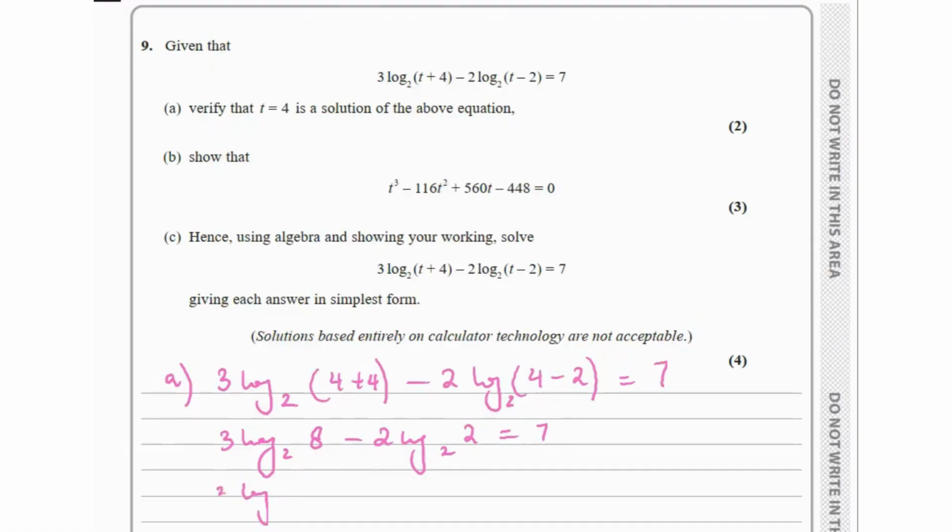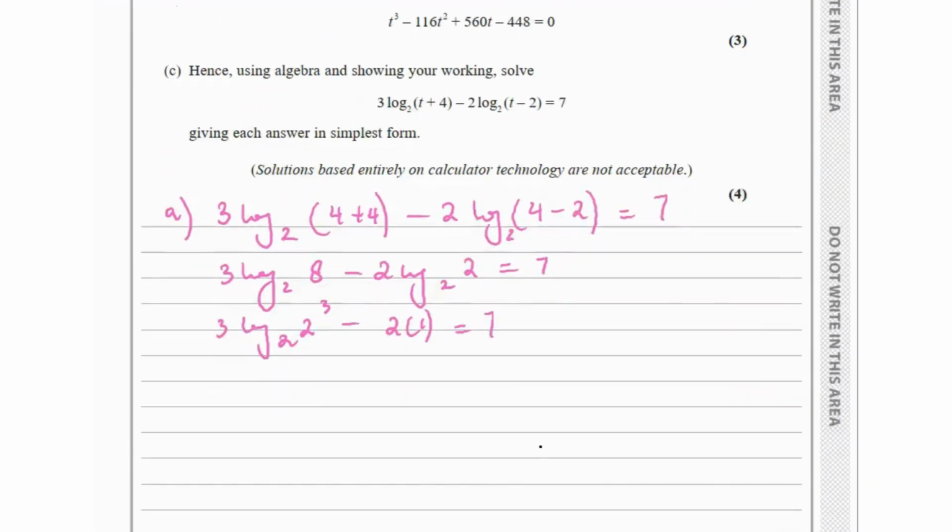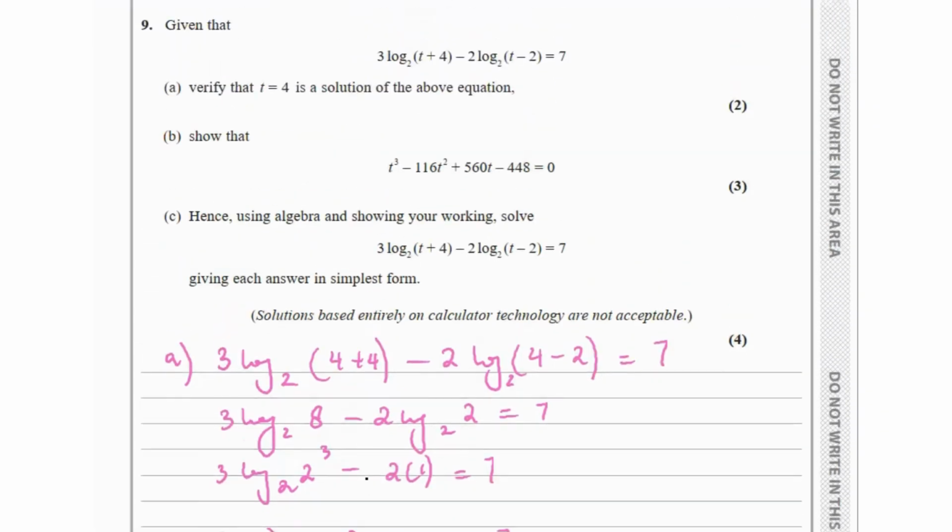And over here, can you write 8 as 2 cubed? So bring the 3 down, so it becomes 3 times 3 times log 2 to the base of 2, minus 2 equals 7. Again, log 2 to the base of 2 is 1, so it's 9 minus 2. And as you can see, it equals 7 as it already does in the question. So yes, it is correct.